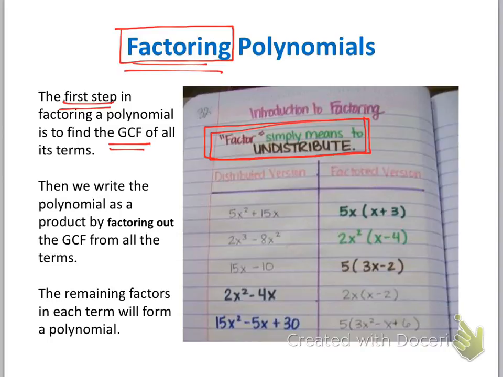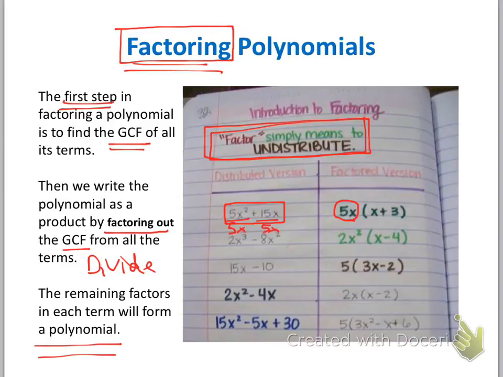Then we will write the polynomial as a product by factoring out the GCF. That means we're going to divide by the GCF. The remaining factors in each term will form a polynomial. So for example, 5x squared plus 15x has a GCF of 5x. So if I divide each part by 5x, I end up with x and 3. We'll look at more examples here in a minute. You don't need to write all those down.